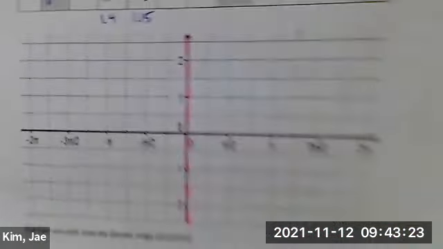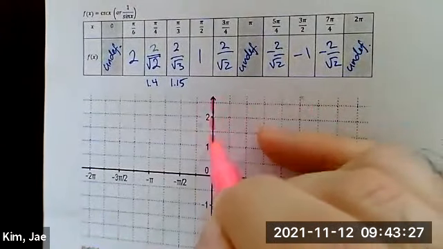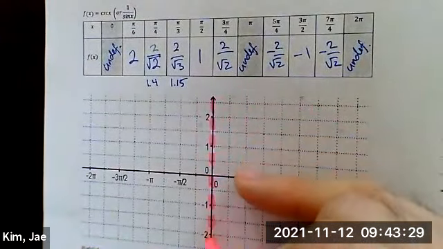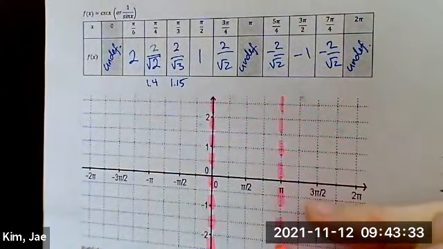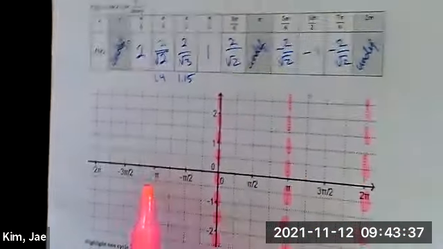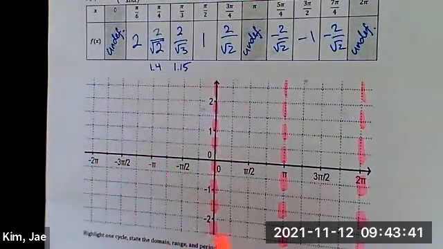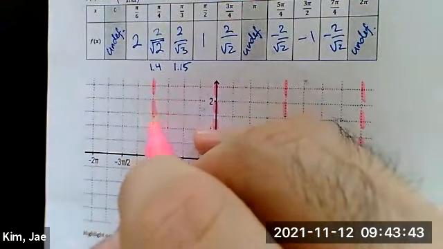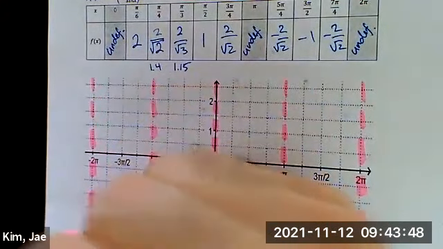Vertical asymptote. And then pi, vertical asymptote. 2 pi, vertical asymptote. I will also see a 0 in the sine function at negative pi and negative 2 pi. You're going to see a vertical asymptote here, a vertical asymptote here.